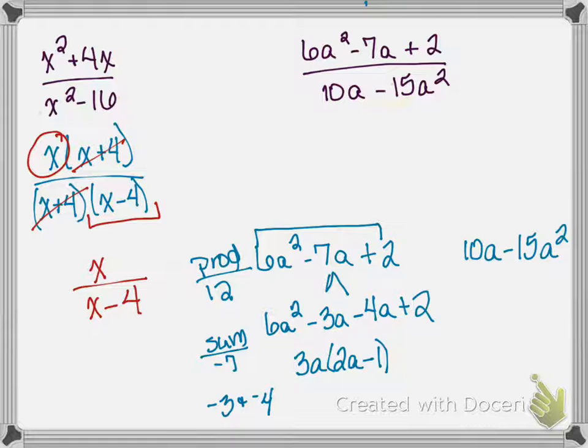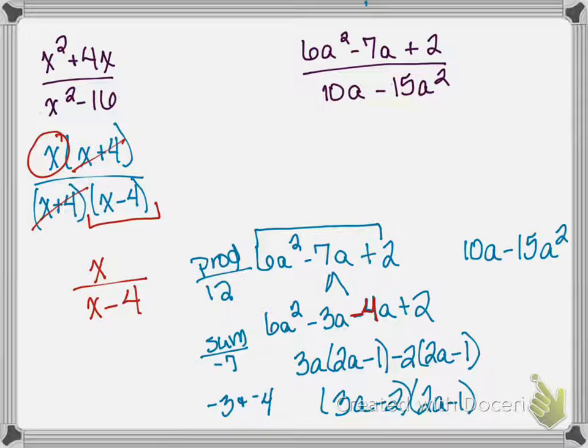Not just 2. -2. Anytime that third term is negative, take a negative out. Okay? So I take out a -2 and I'm left with positive 2a, which is what we want, minus 1. So this factors to 3a minus 2 and 2a minus 1.